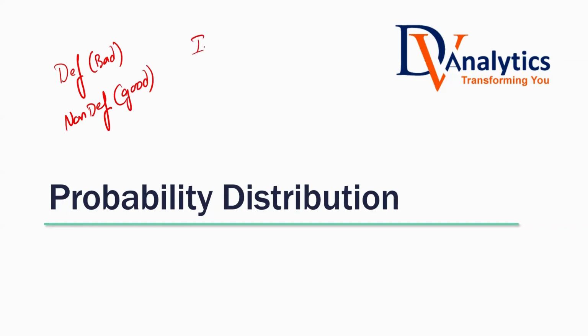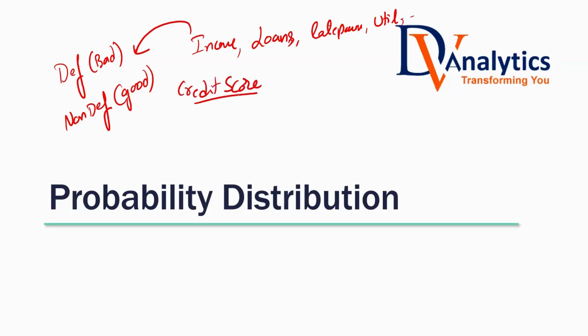I will use variables like customer income, number of loans, late payments, monthly utilization. All these are random variables, which we will use to predict whether a customer will default or not. That will get converted into a credit score. If I predict there is a high chance the customer is going to default, I will not give him the loan. Why should I give him?